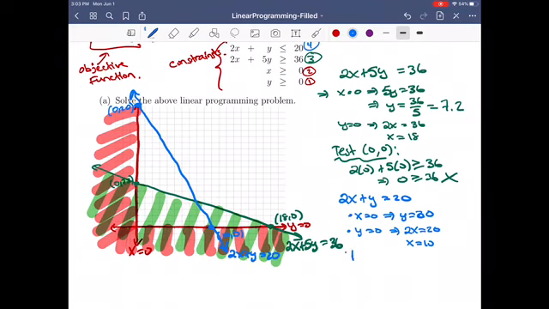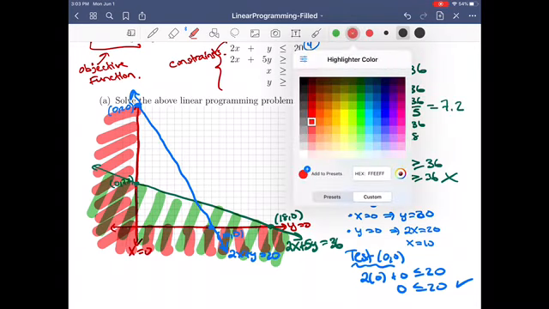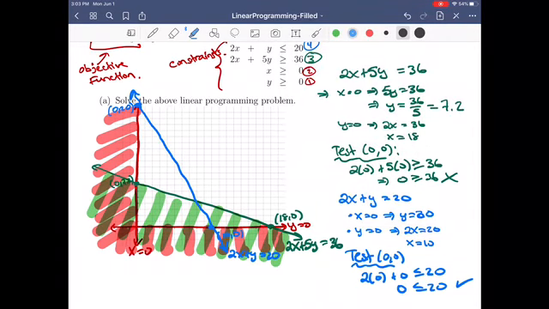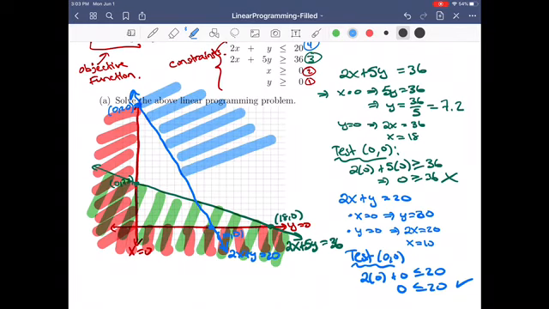Now I want to test a point. I can test 0, 0 here because it's not on the line. So that's going to be 2 times 0 plus 0 less than or equal to 20. So 0 is less than or equal to 20. So it's on the right side, which means that I want to get rid of everything to the right of this line.